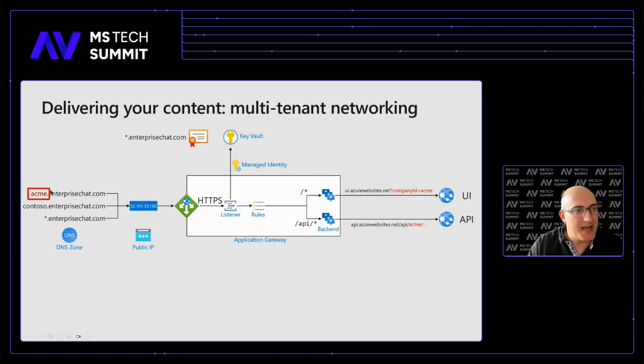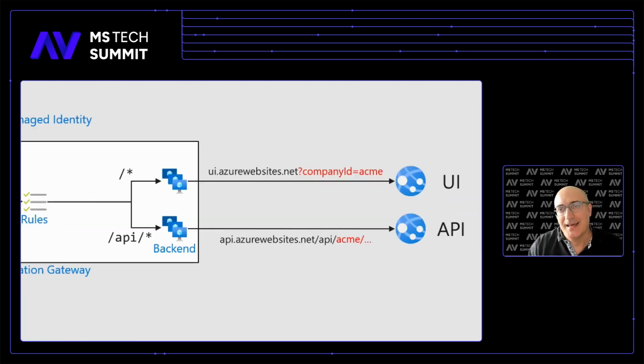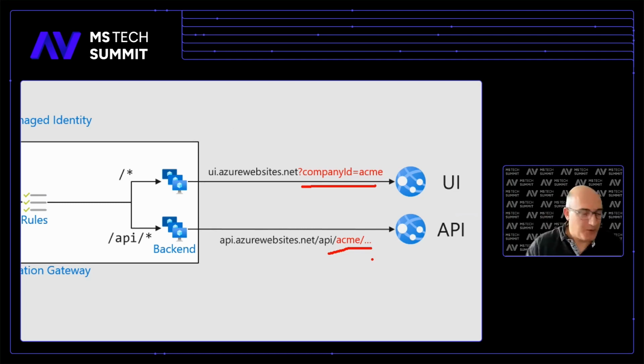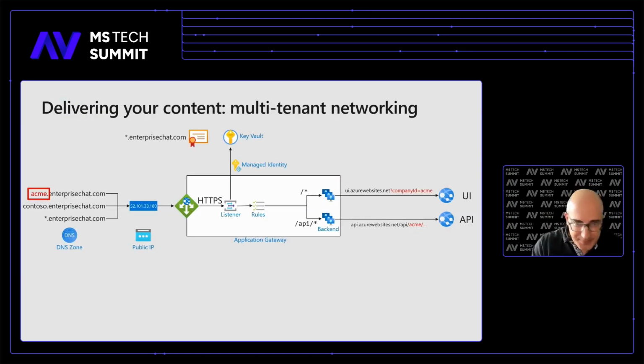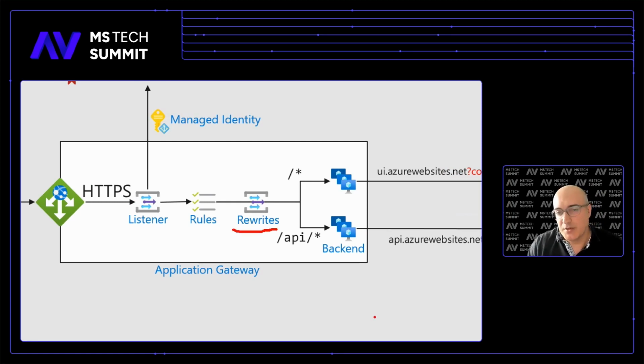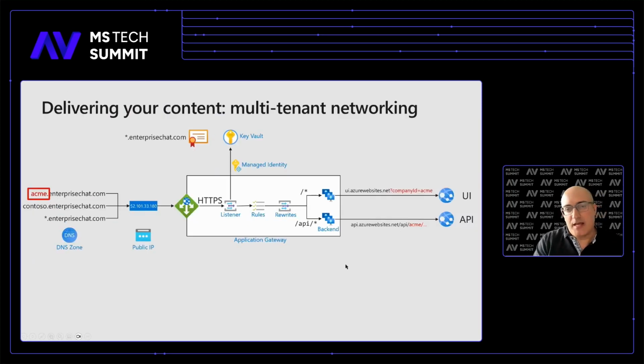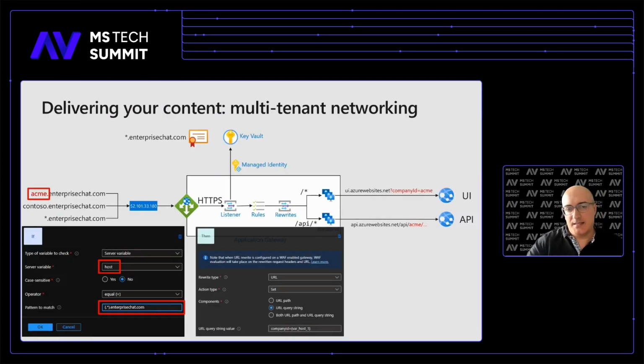So transform this Acme subdomain basically into the company ID or the fragment in the URL that we've seen before when we were running the application locally. All right. So how do we do that? Well, there is another feature called URL rewrites, right, that we're going to configure. And the URL rewrites are basically if-then conditions that we can set up in Application Gateway, right?